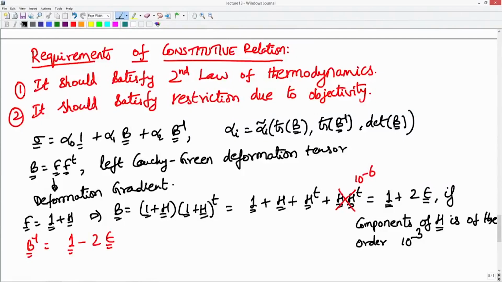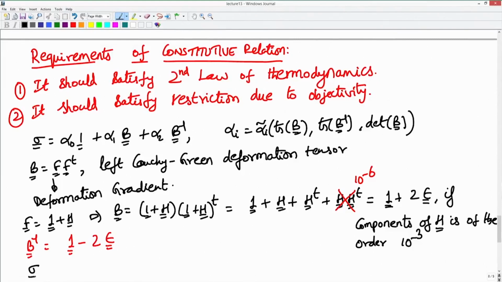Okay. I will not go into a detailed derivation of this. B inverse would be this. Then substituting these two expressions for B and B inverse in this expression for stress, you will get sigma to be alpha naught plus alpha 1 minus alpha 2 times identity plus alpha 1 minus alpha 2 times epsilon.